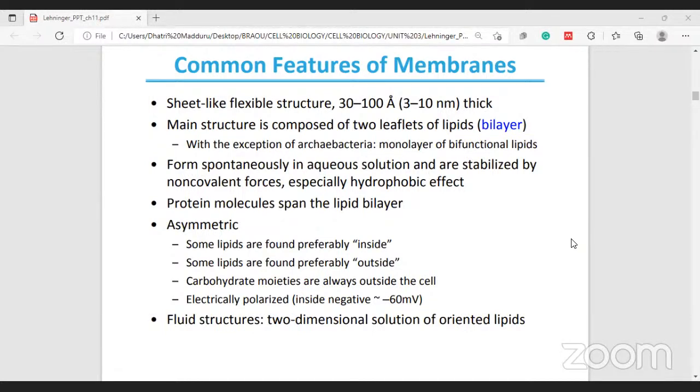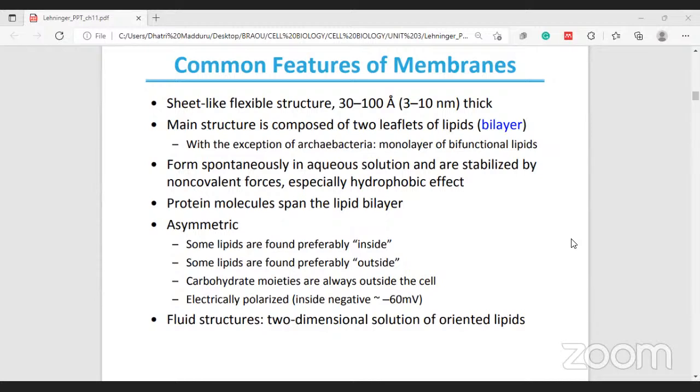And they can form spontaneously in aqueous solutions and are stabilized by non-covalent forces, especially the hydrophobic effect. So there is not much reaction required to form bilayers or membranes. Spontaneously, when we add them in water or aqueous solution, they will form the layers.